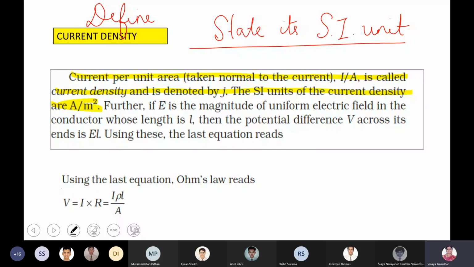So the unit of current is ampere. Unit of area is meter squared. That is why it has a unit ampere per meter squared.